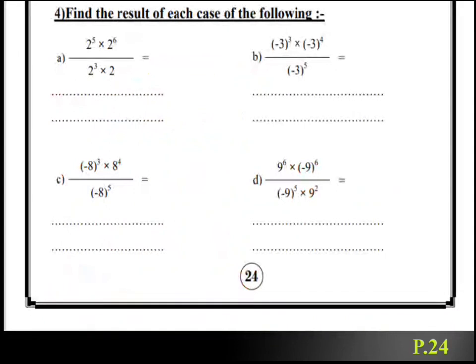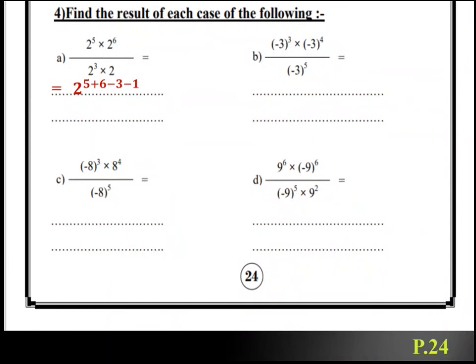And here, exercise number 4. Find the result of each of the following. Here in letter A, all the bases are 2. And we have the multiplication sign and the division sign. The division sign is over, and over means divided. So for all of this I will write just 2, and put 5 plus 6 minus 3 minus 1.